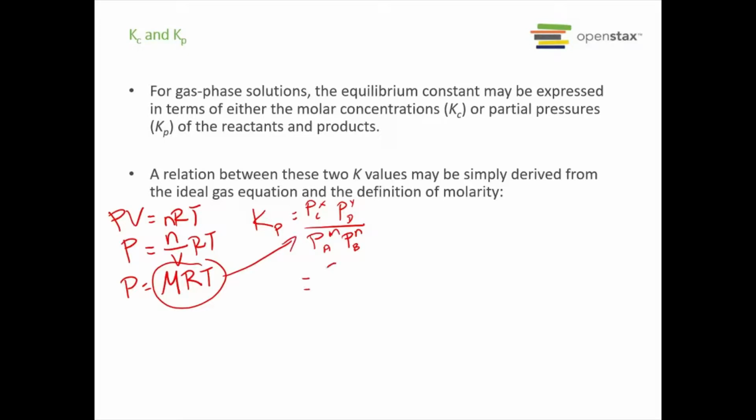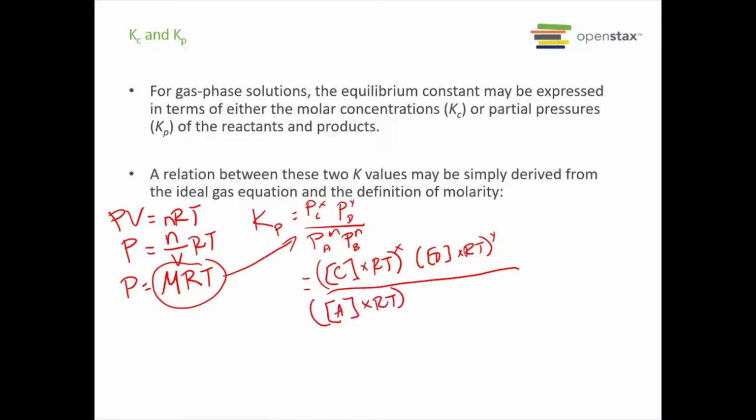So then that tells us the concentration of C, because molarity just means concentration, times RT, this whole thing raised to the x power, times the concentration of D times RT to the y power, over the concentration of A times RT to the m times B times RT to the n.